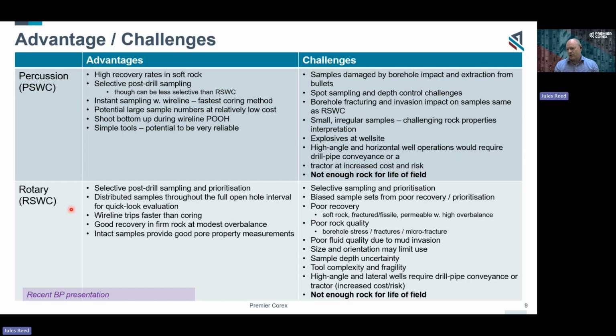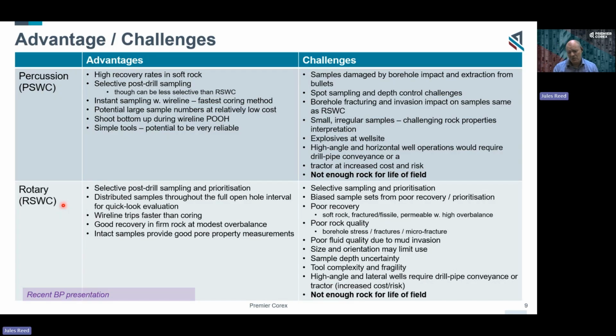The challenges of percussions, though, are that the samples may be damaged by the borehole impact and extraction from the bullets. The depth control is less accurate than the rotaries, and there may be invasion, as discussed earlier, same as you would have on rotary sidewall cores.